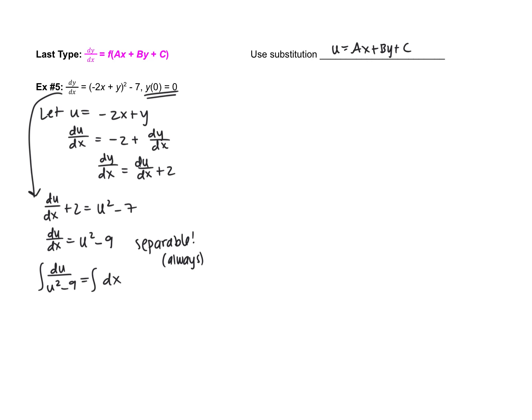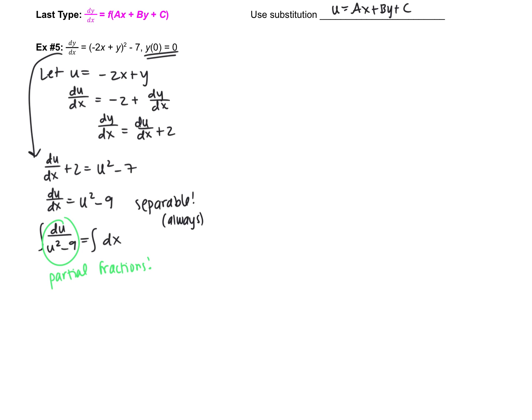Okay, let's see how our integration skills are at this point. Over here, we're going to have to do some partial fraction work. So we get A over u - 3, + B over u + 3 is equal to 1 over u squared - 9.